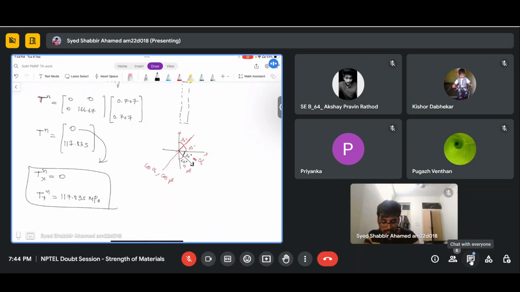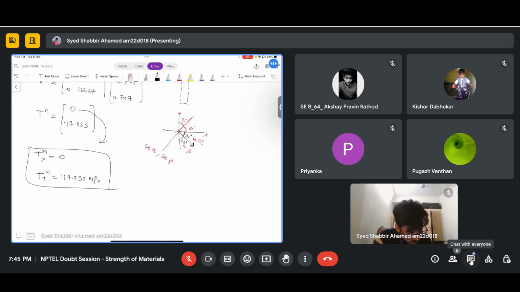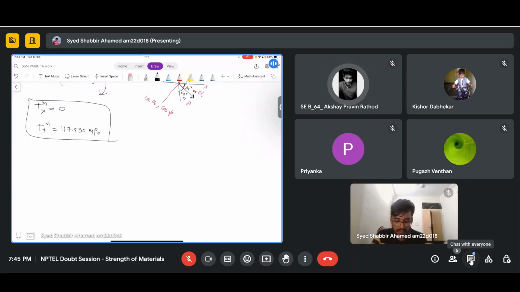This is the x component of the stress vector on that plane, which has this normal, and this is the y component. The next thing is the magnitude of the z component. The z component is 0, because this is in the xy plane, so all the z components are 0.